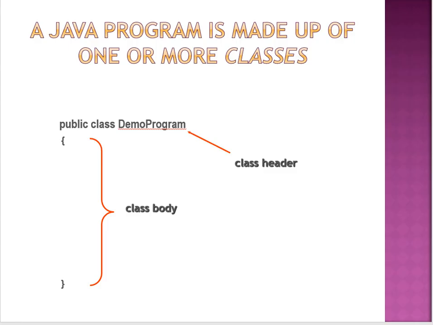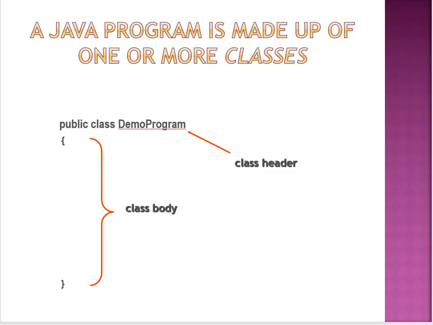So here is how it looks. A public class DemoProgram in this case is a class header. It bears the name of the class, and the opening and closing brackets you are seeing there enclose the code or the other classes that will exist in this program.